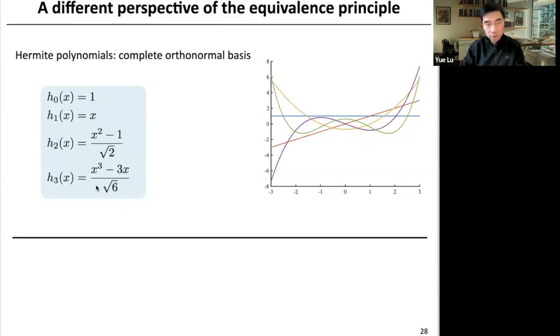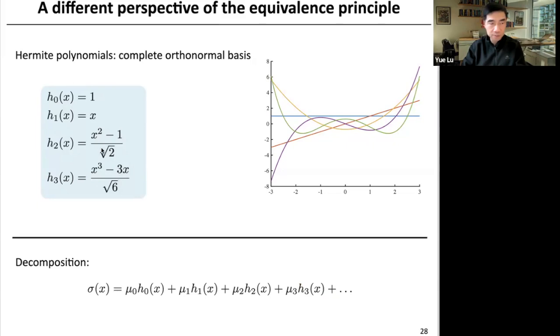The property we know about Hermite polynomials is that they form an orthonormal family with respect to the Gaussian measure. In particular, this is a complete orthonormal family, so any square-integrable function sigma, for example ReLU, can be written as an infinite linear combination of these Hermite polynomials. And mu0, mu1, and so forth are the combination coefficients.